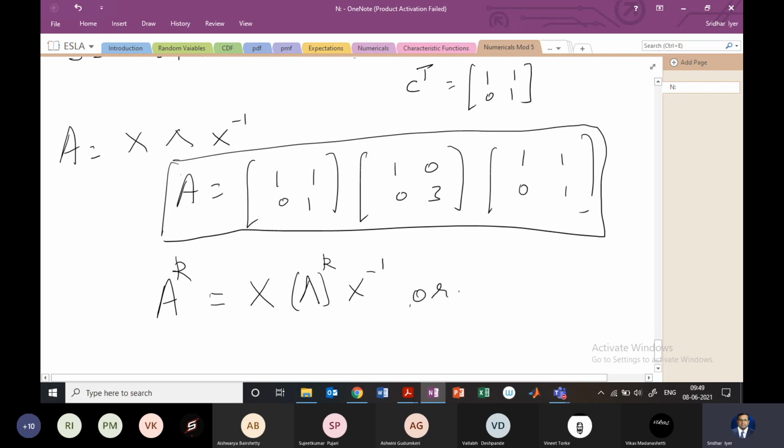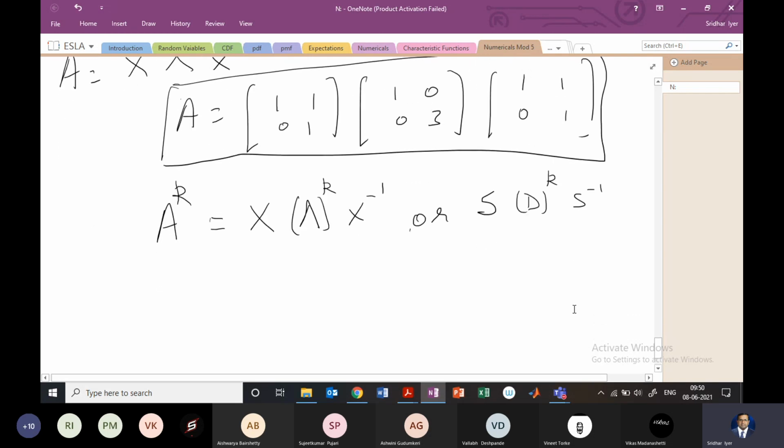You can also view this as how we had done S d raised to k, S inverse. So all you have to do is raise the diagonal matrix to that power for which we require the answer. So in this question, they have asked us to find the power raised to 3. They have written hence find A cube, right? So all you have to do is find A cube.